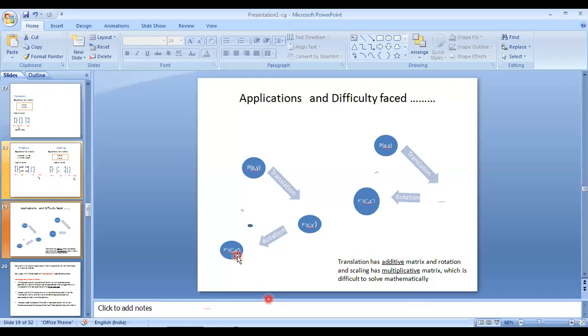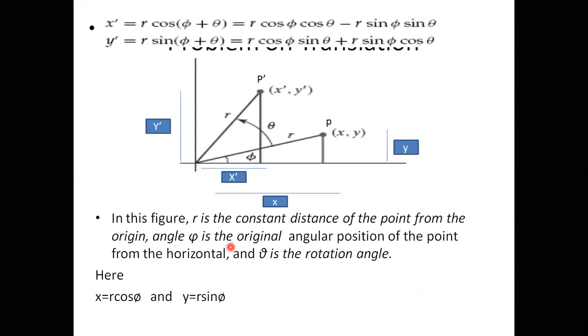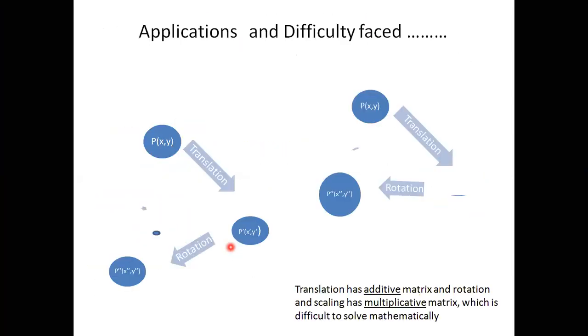Actually, what I wanted was to go from this P(x, y) to this. That means for this point P, I need to apply translation and also rotation. The final result I need is this P double dash, that is x double dash, y double dash. As I know now, what I need to do is first provide translation.